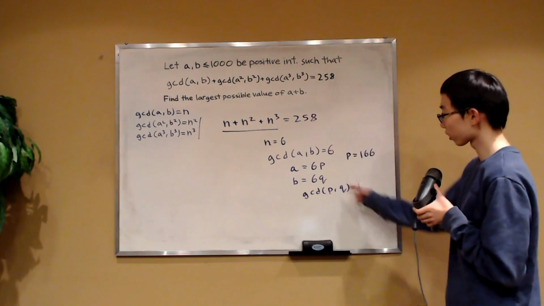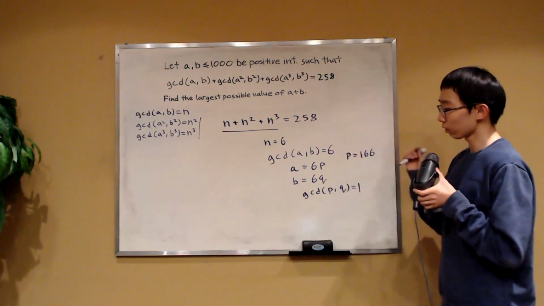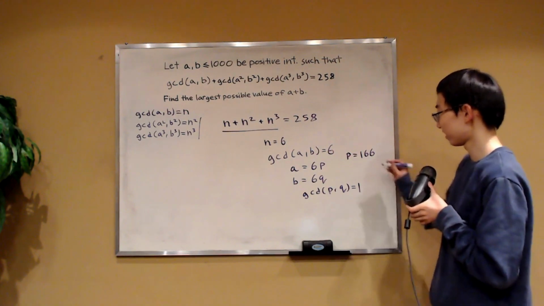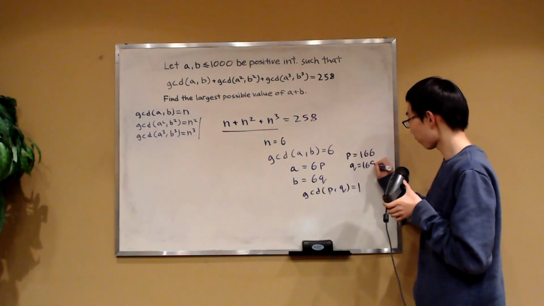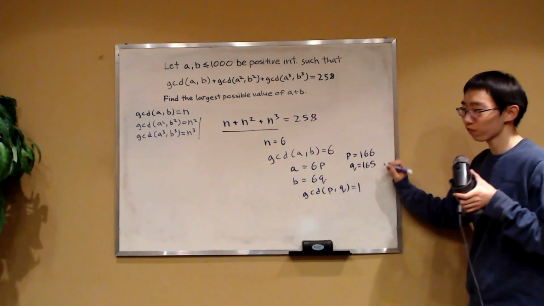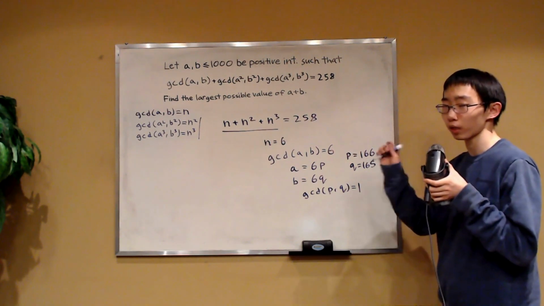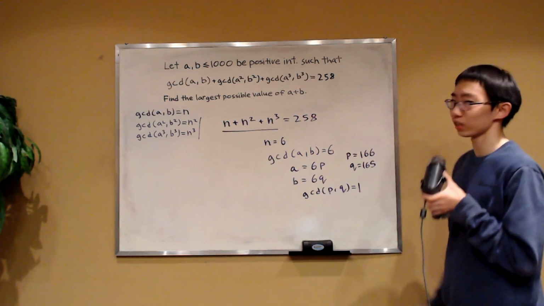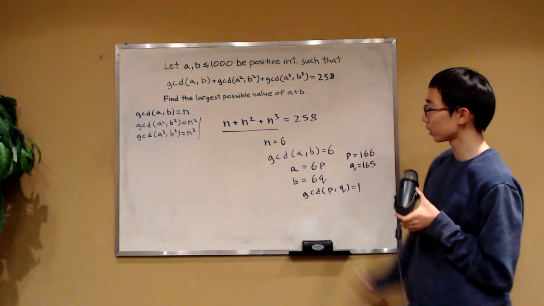Now, for q, we also want to make it as large as possible. However, it has to be relatively prime to p. Well, you'll actually find that q is equal to 165 does the trick. In fact, any two consecutive positive integers must be relatively prime to each other. Okay, so now that we've got our values for p and q, it should be no problem to just sum what a plus b is in this case, right?